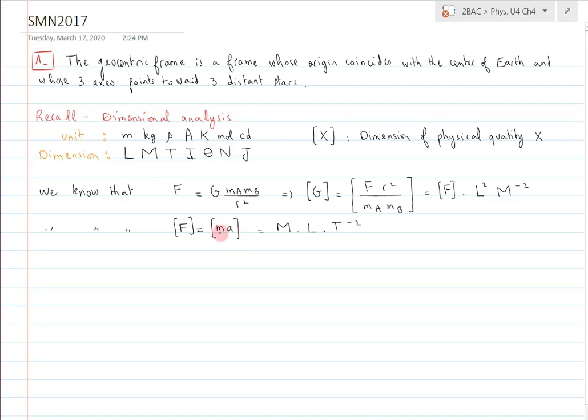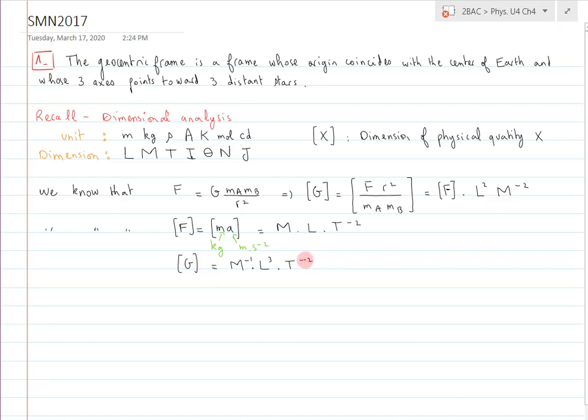Because the unit of mass is kilogram here, and the unit of acceleration is meters per second square. Replacing the dimension in this equation gives M, L times L becomes L to the power 3, M with M to the power minus 2 becomes M to the power minus 1, times T minus 2.